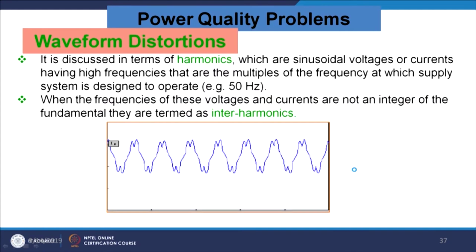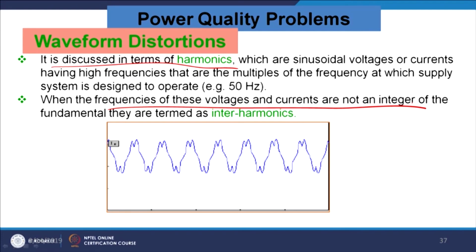Now, let us come to the harmonic part of the power quality problem. This is one of the major issues here, and it is discussed in terms of harmonics, where sinusoidal voltage and current has to be operated at 50 hertz. And there is another issue called interharmonic, when the frequencies of the voltage and current are not integer multiples of the fundamental.